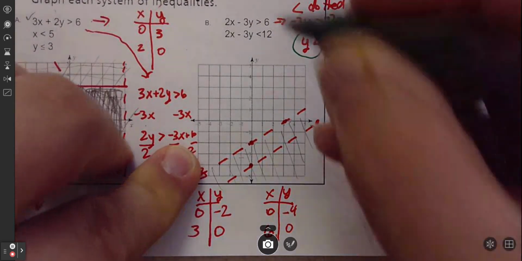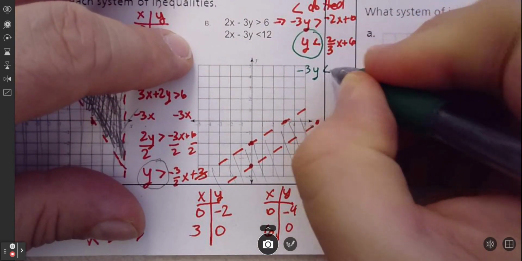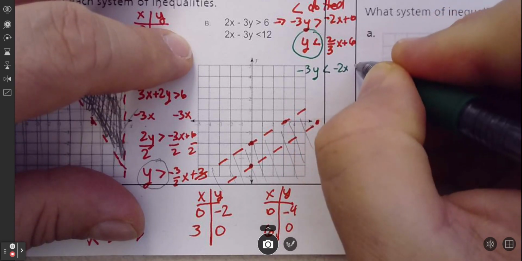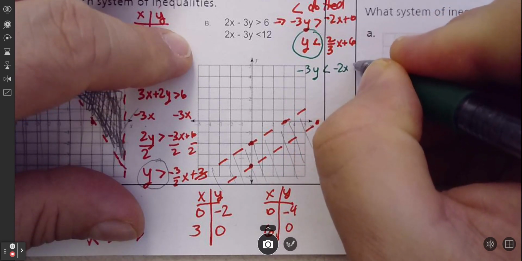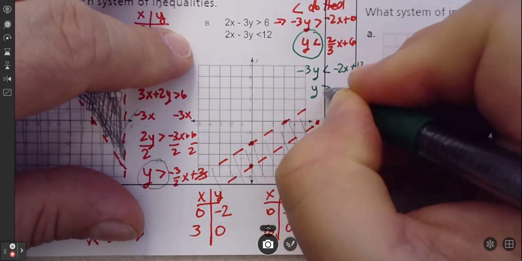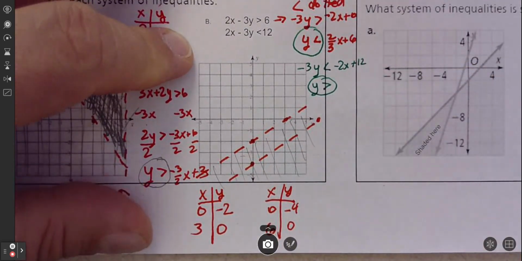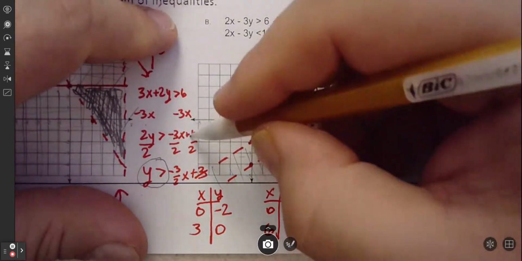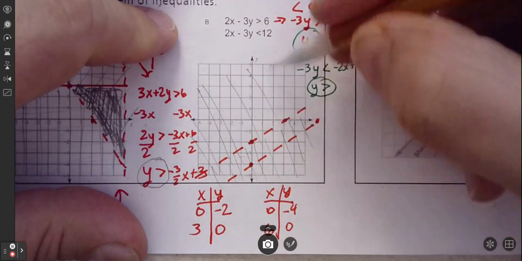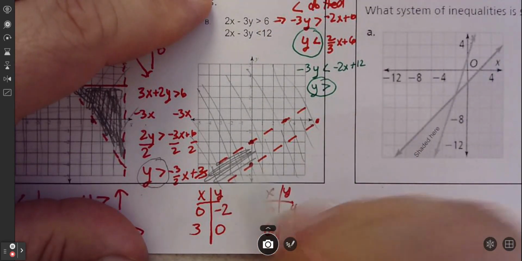On the next one, when I solve for it, I get -3y is less than -2x plus 12. Divide by -3, I'm going to get y is greater than. And again, that's all I care about. So that's up. So where is the shading in both? In the middle. Yeah, Maya?